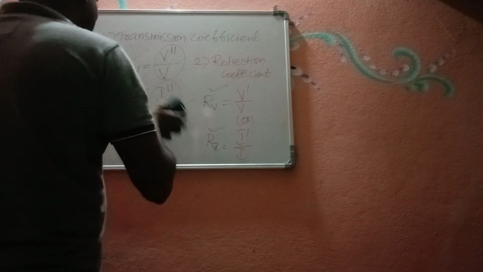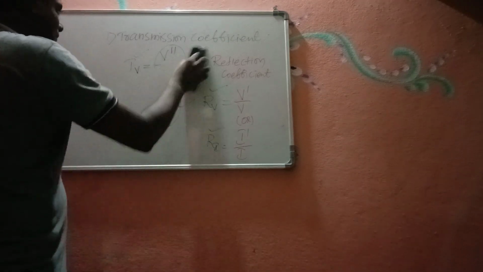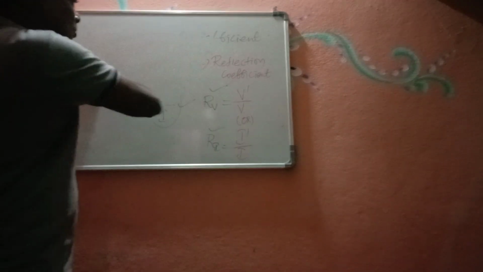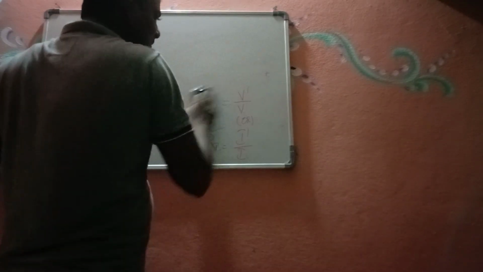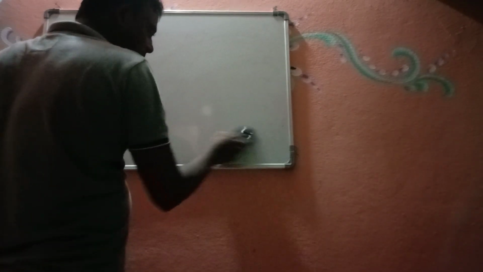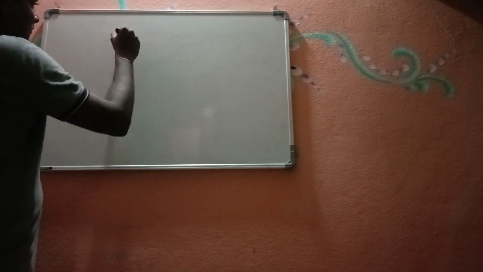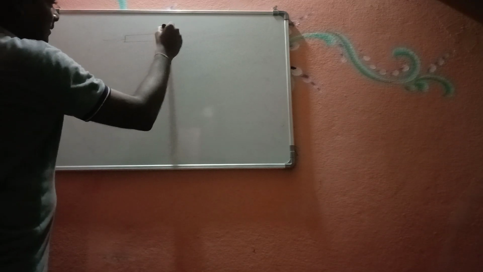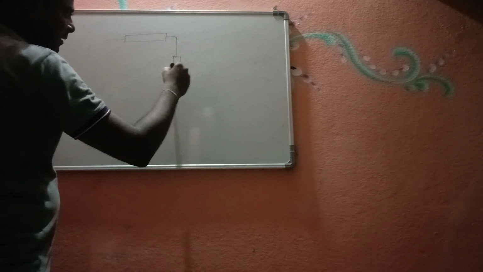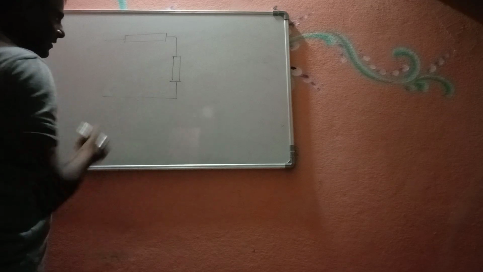Now we will see the determination of these coefficients for the case study where the load impedance is not equal to the surge impedance of the line. In order to understand that, first I am taking a line and it is terminated by an impedance like this.